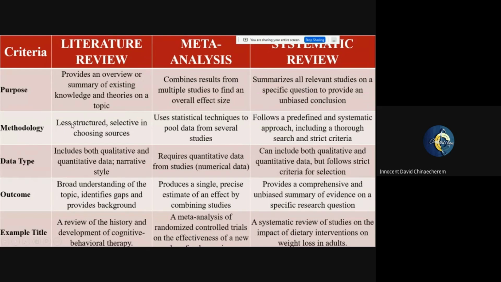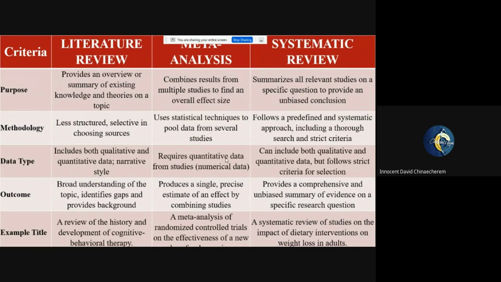We said that in terms of methodology, literature review is less structured. Meta-analysis is using statistical techniques, whereas for systematic literature review, it just follows its defined approach, right? Which is same for meta-analysis. Now, for data type, literature review can include both qualitative, quantitative, mixed method, narrative, everything.